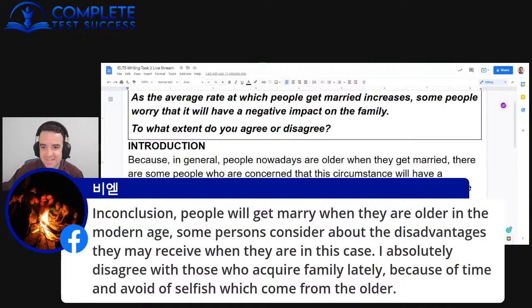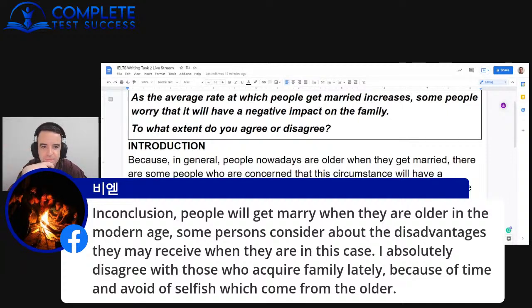Best of luck, Noni. In conclusion, people will get married when they're older in the modern age. No need for that. So it's not that you're using the wrong tense here as well, Dominic. So it's not people will get, it's that people are getting married when they're older. And then in the modern age isn't really a paraphrase of nowadays.